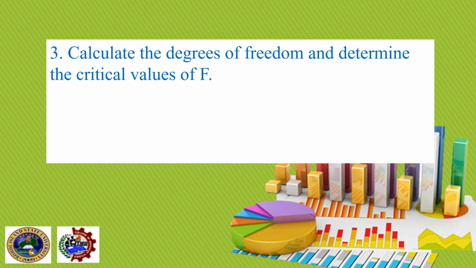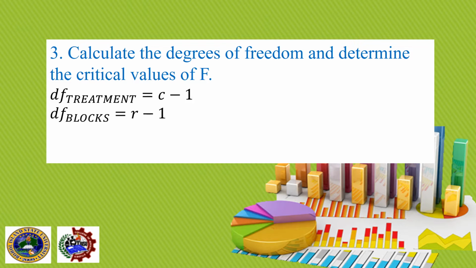Step number 3 is to calculate the degrees of freedom and determine the critical values of F. The first degrees of freedom that we are to find is the degrees of freedom for treatment using the formula C minus 1. Next is the degrees of freedom for blocks, which is equal to R minus 1. The degrees of freedom for error is equal to R minus 1 times C minus 1.